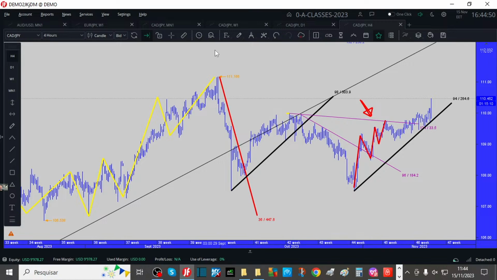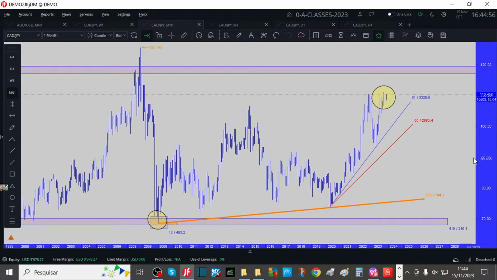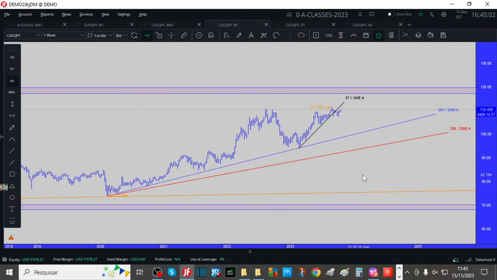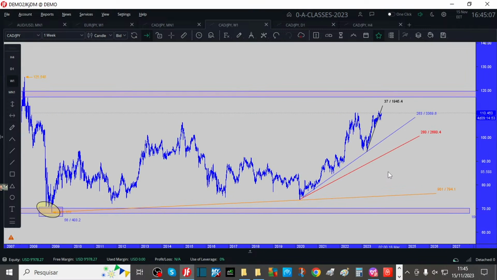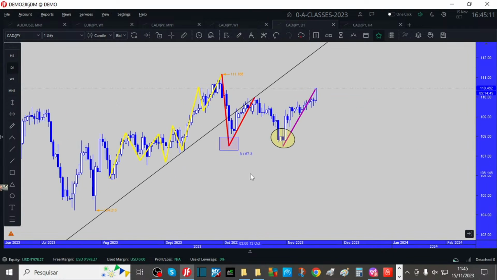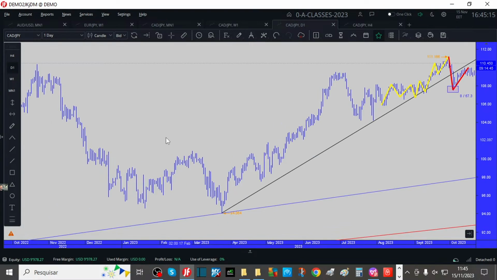So, in conclusion for today, from the monthly chart, it's easier to determine long-term, short-term. From the weekly chart, still easy to determine long-term, short-term. Compared to the daily chart, which is more or less, right? More or less.